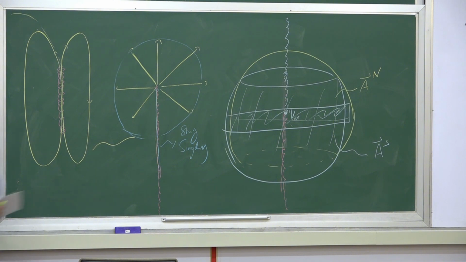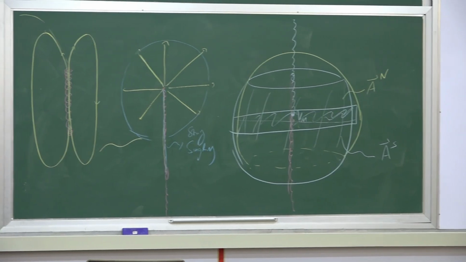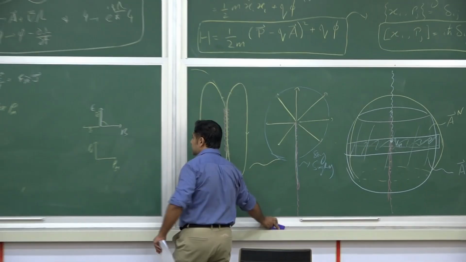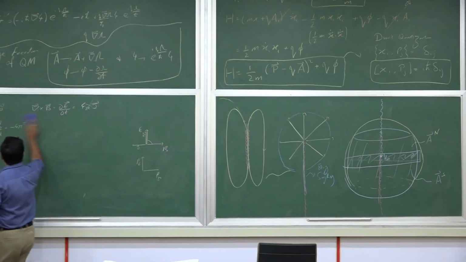So I have to give this AN and AS. Well, Dirac did it. Not that hard to find, but obviously the idea is very hard to come by.